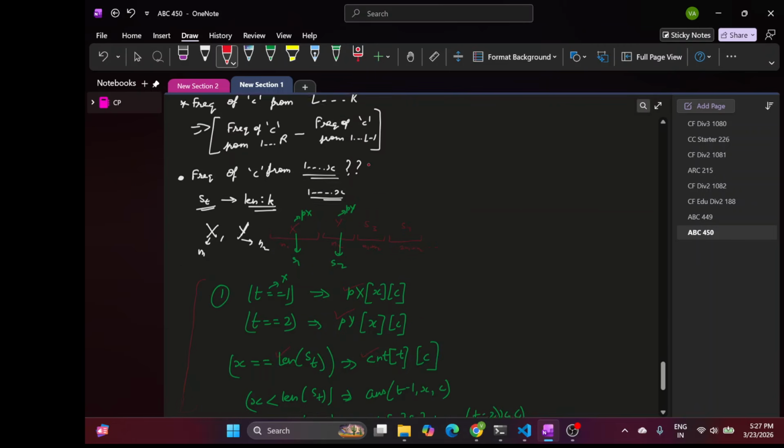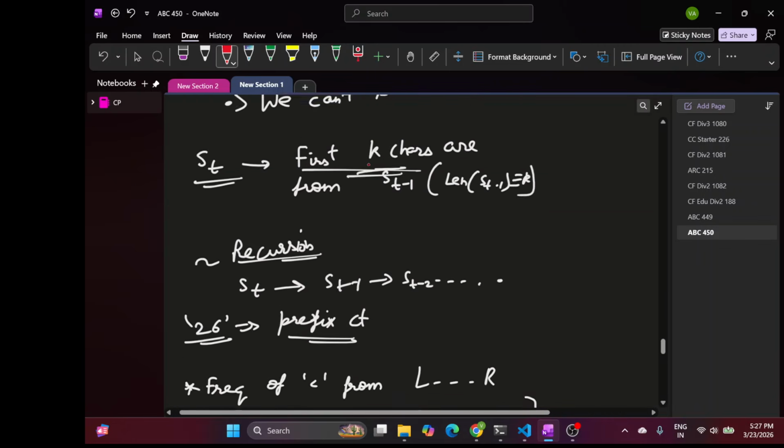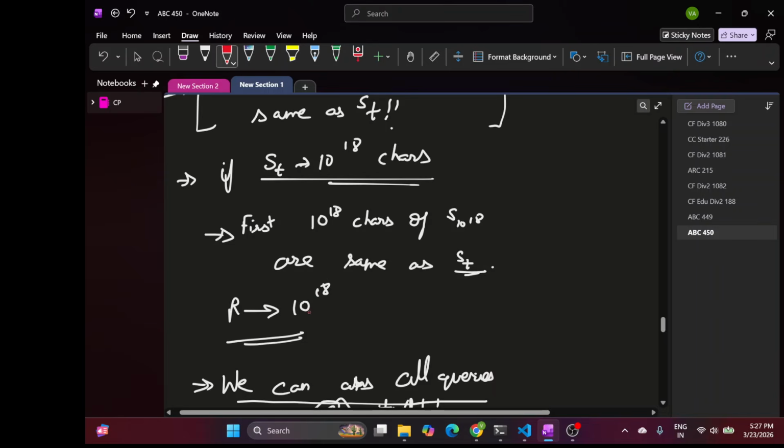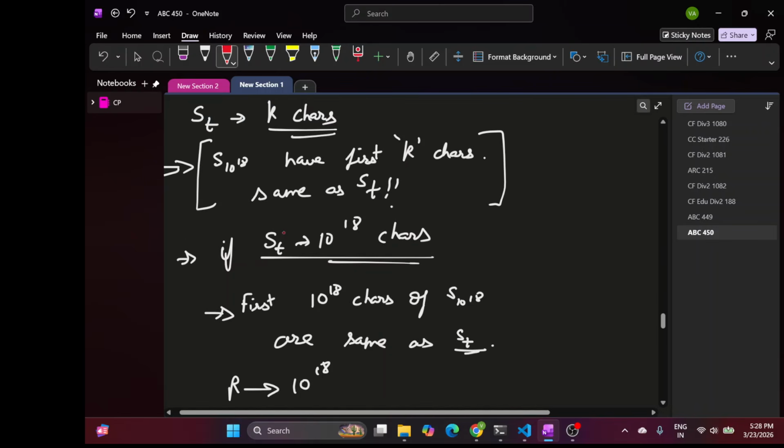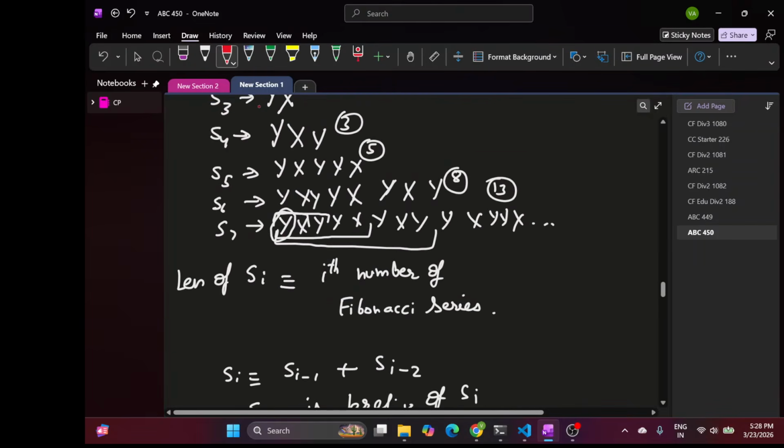And the basic principle for this problem was identifying that we don't really need the 10 raised to 100 string. The main point was that we are only interested in the prefix, right? Because the prefix is basically coming again and again, the same prefix, which we notice after writing a few terms.